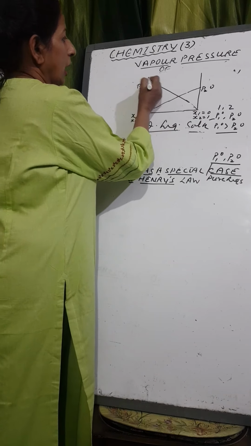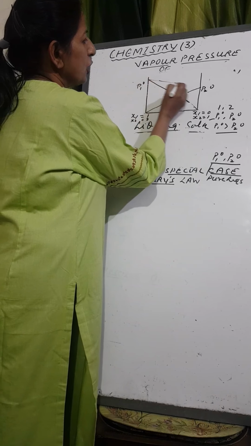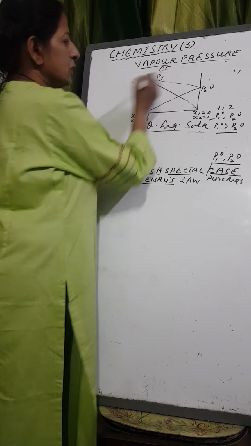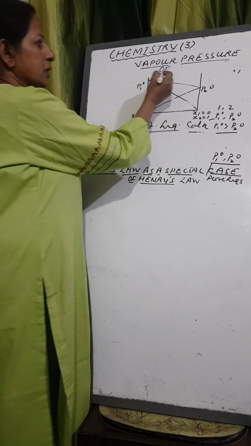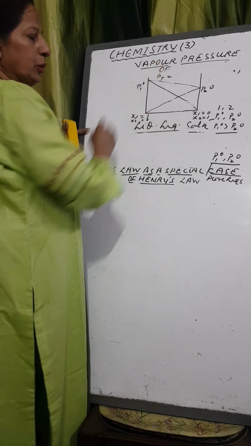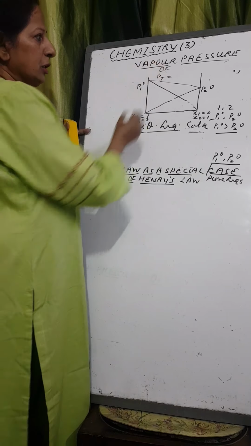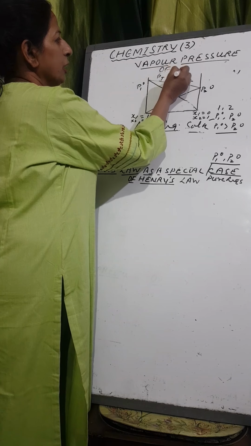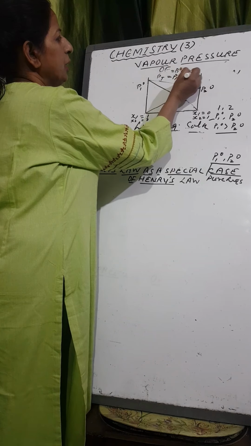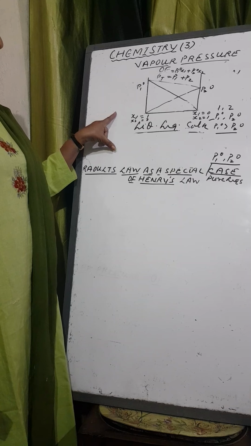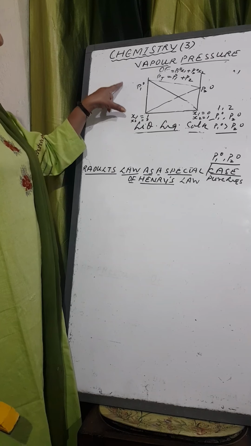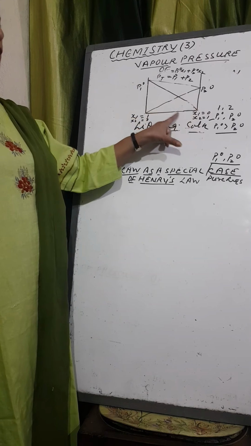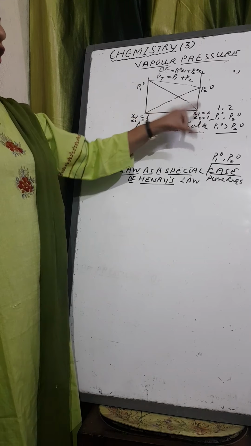The total vapor pressure of the solution can be represented this way, and as per Dalton's law, P total, that is the total vapor pressure of the solution, will be equal to P1 plus P2, or you can write it as P1 naught chi 1 plus P2 naught chi 2. So this is the graphical representation where you have considered the vapor pressure and mole fraction of both the components.